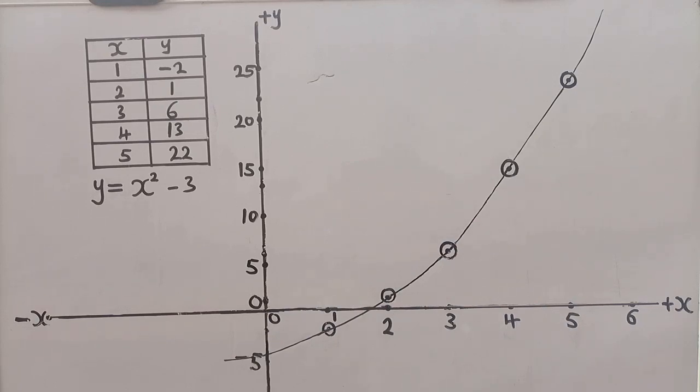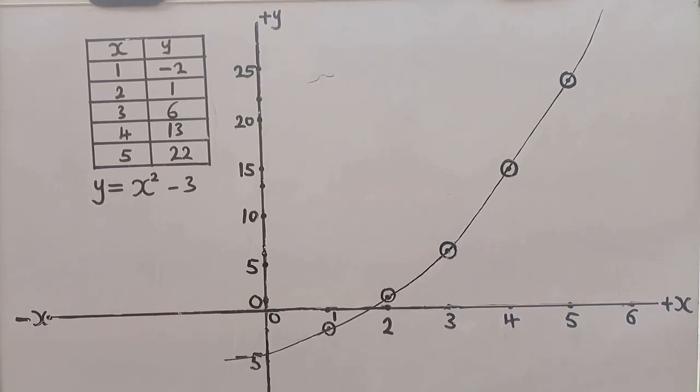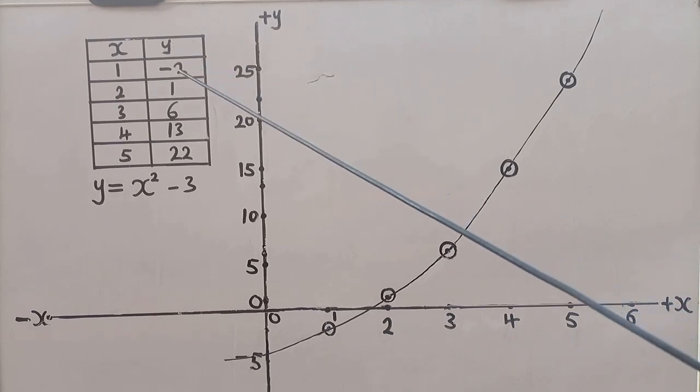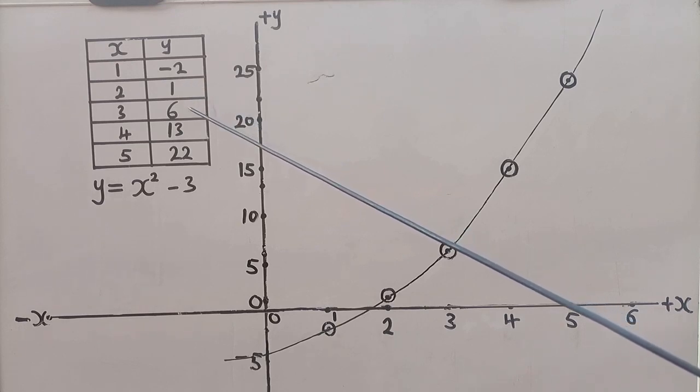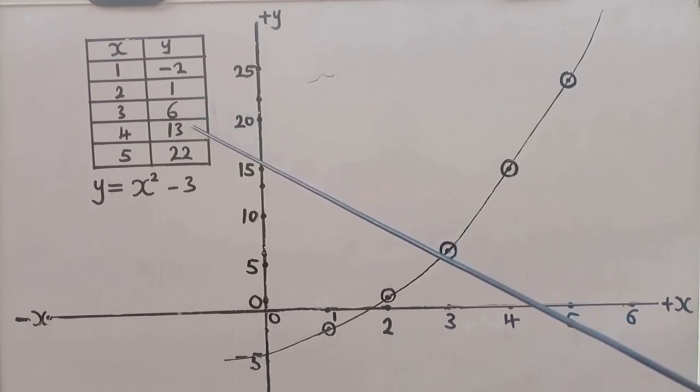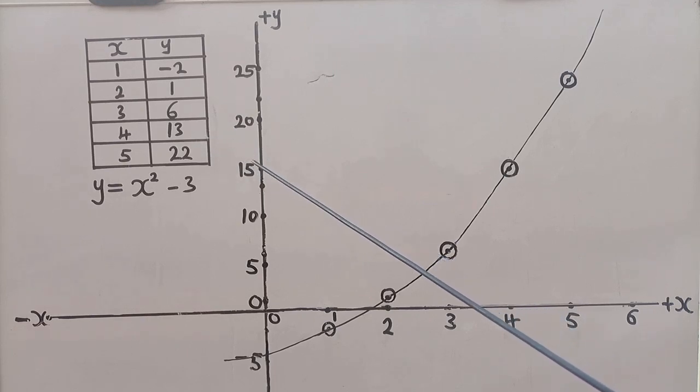It is a table in which the dependent variable keeps rising with an increasing amount, like this one. From here to here, 3. From here to here, 5. From here to here, 7. From here to here, 9. The increase keeps rising.